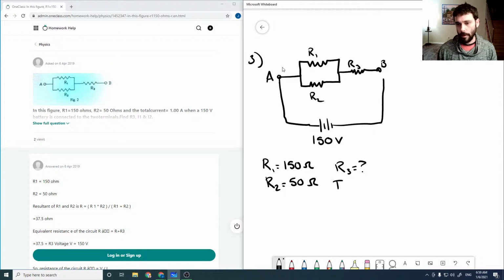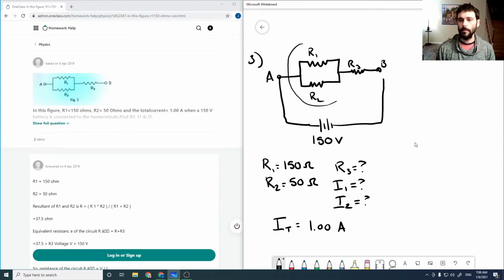I1 and I2, such that our total current is 1.00 amps. Okay, so the first thing we'll have to do is compute our equivalent resistance in here.